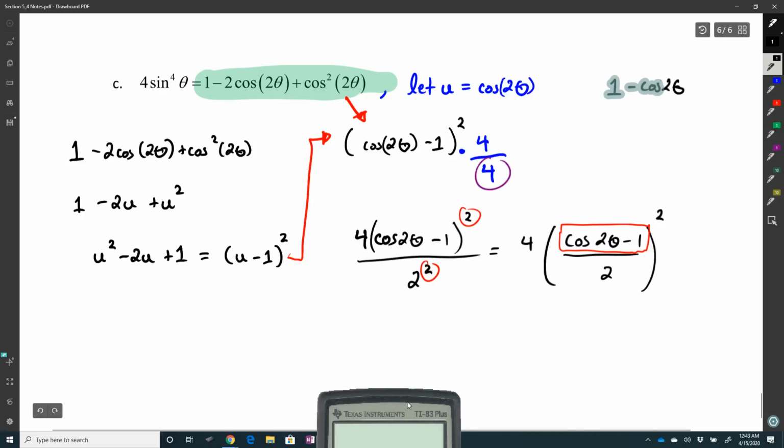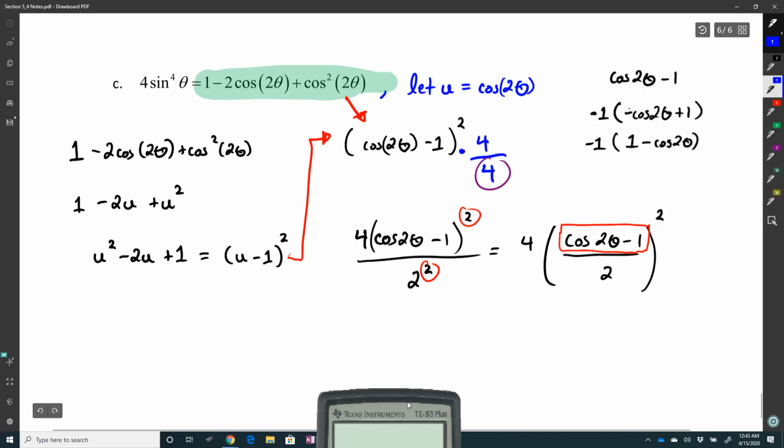So what I can do, and I'm kind of doing this work on the side, it's really my fault. I should have taken a different step in the beginning, but I don't want to start from scratch. It's a trivial step, but notice that I can rewrite it. I can take a negative out. So this ends up being 1 minus cosine 2 theta, what we want.